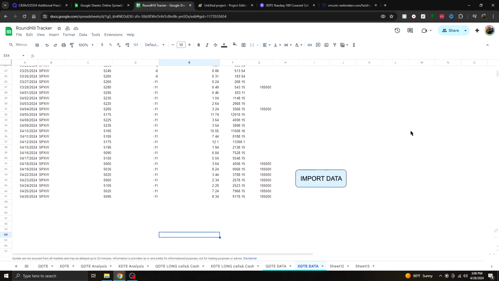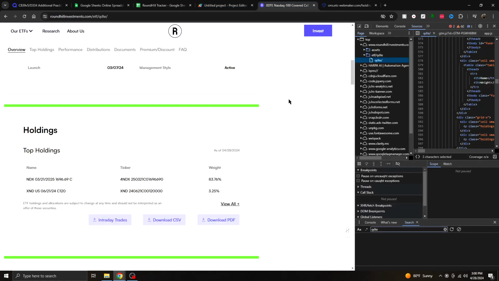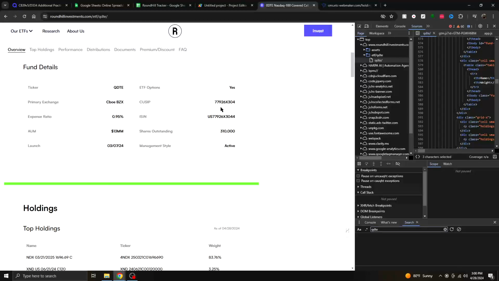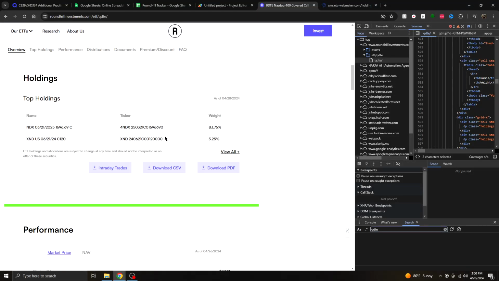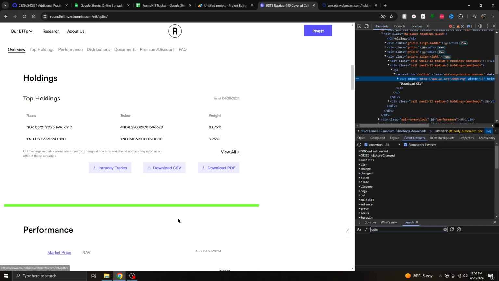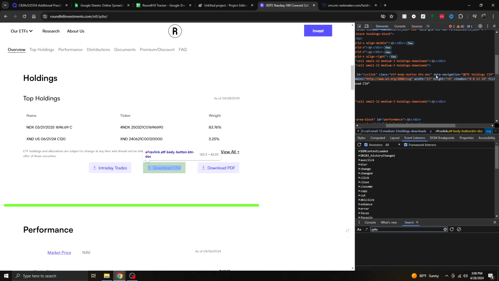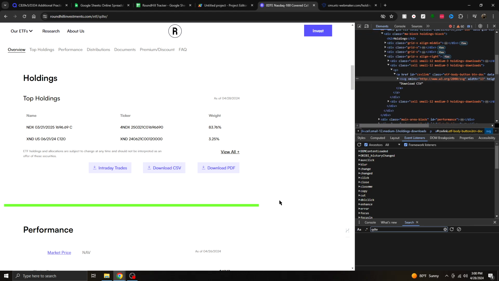So what that's really doing is, if you go to QDTE, all the data is here on the website, but it's just not really easy to access. So typically when you're trying to pull data, you would just go inspect, find where everything is, and then you can auto download or pull the data that way.